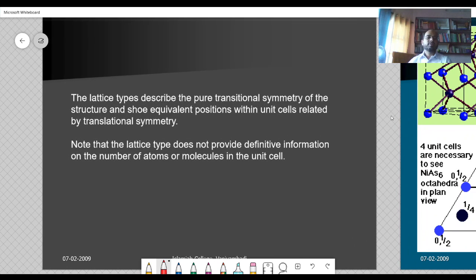The lattice types describe the pure translation symmetry of the structure and show equivalent positions within the unit cells related by translation symmetry. Note that the lattice type does not provide definitive information on the number of atoms in the molecule in that cell. That is what I told you. Some are bonds, some are not.